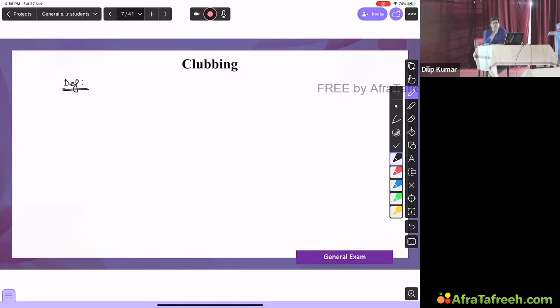Focal. Okay, number one. Entire finger is not involved, isn't it? Only the distal part is involved. So focal and selective. Very selective. Not the entire distal phalanx is involved. Only the nail bed area is involved.